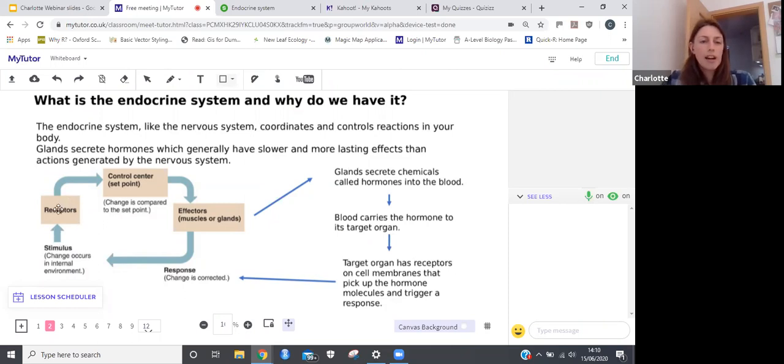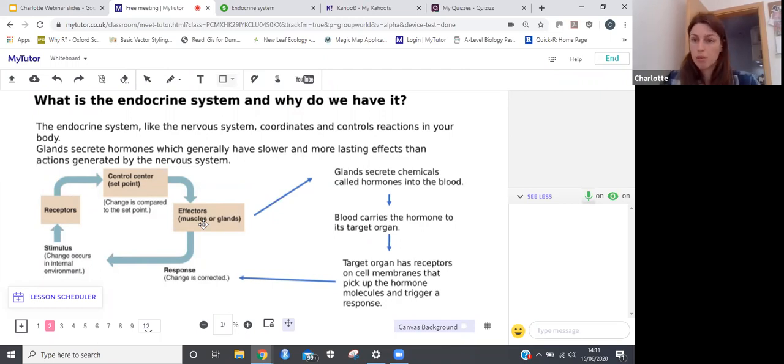And the receptors send a message, in this case via nerves, to the control center, which can be the brain and the spinal cord, the coordinating center, which then sends another message via a motor neuron to effectors, which are muscles or glands. And it's the effectors that respond to that change that was perceived all the way back in the stimulus. And the effector can be a muscle or a gland.